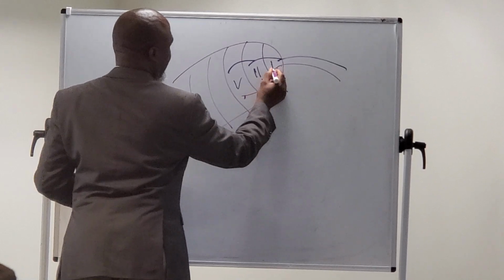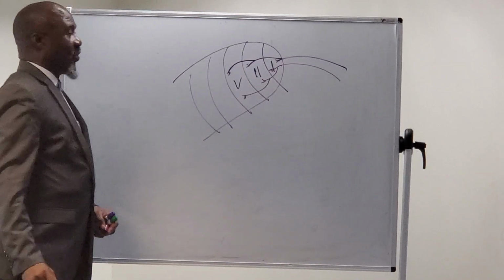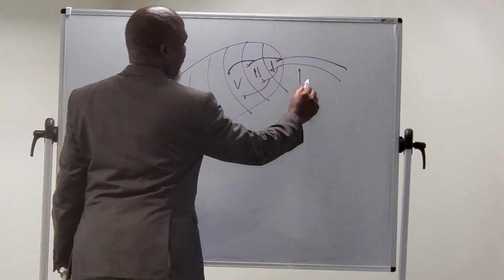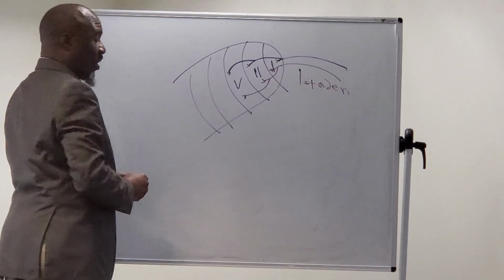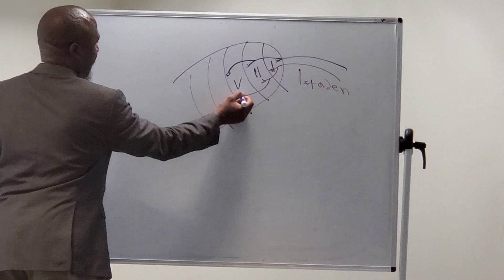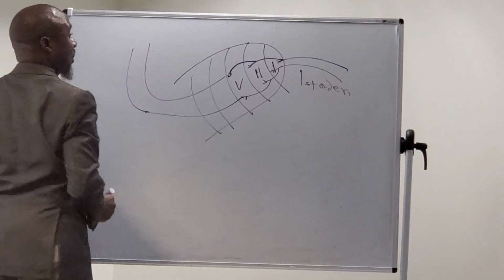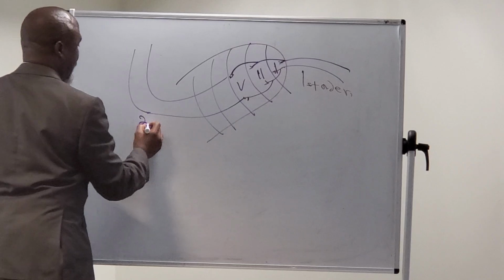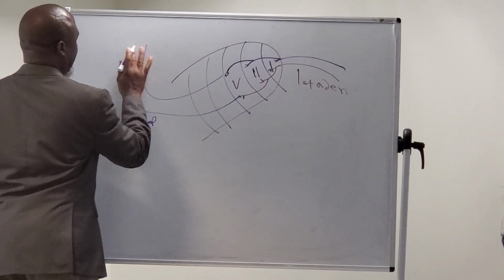Form their synapses. So this will be the first order neuron. Then the second order neuron continues from there and goes up as second order neuron ending in the thalamus.